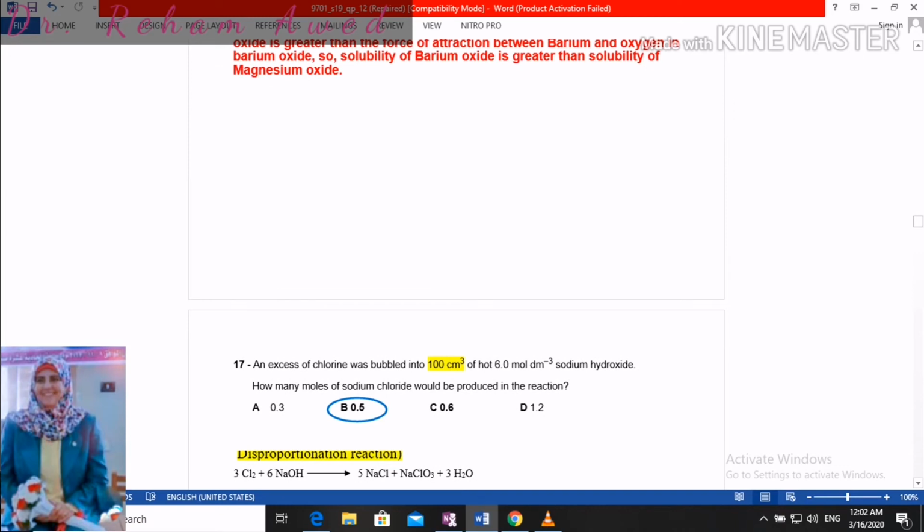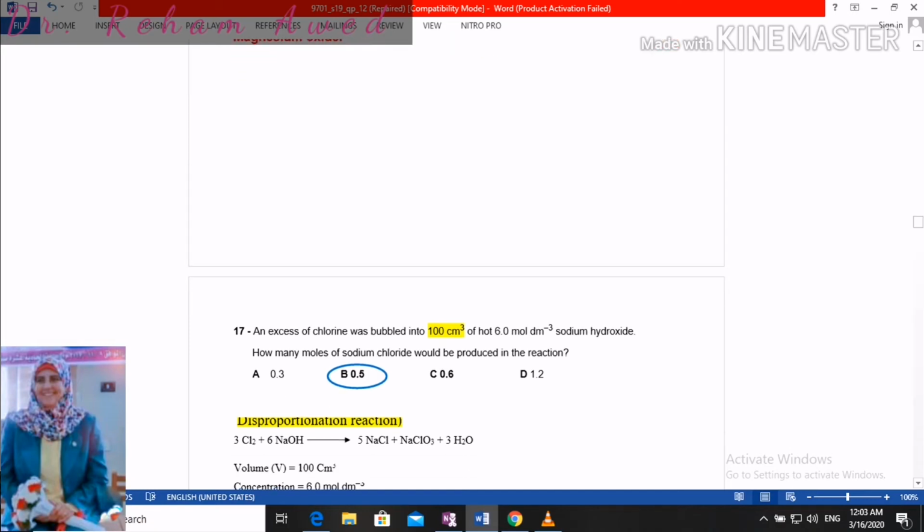An excess of chlorine was bubbled into 100 cm3 of hot 6 mol/dm3 sodium hydroxide. How many moles of sodium chloride would be produced in the reaction? To solve this question, you must know the equation for the reaction between chlorine and sodium hydroxide.